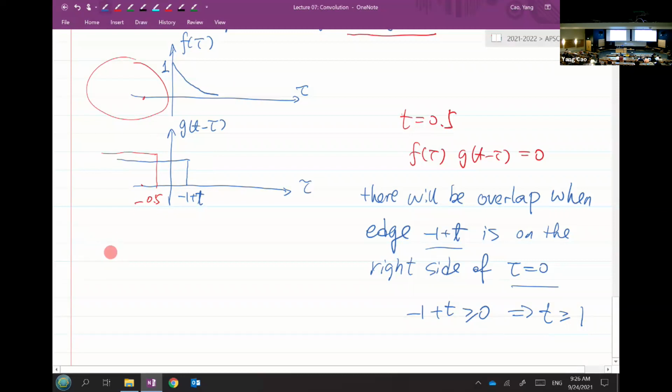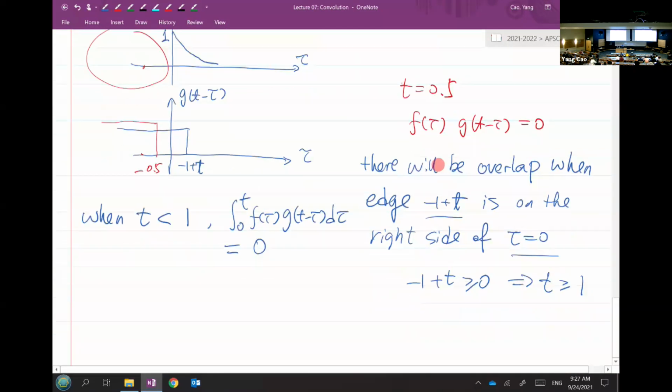Maybe let me consider this first. When t is less than 1, the integral, or the convolution, we have already concluded, is what value? 0.